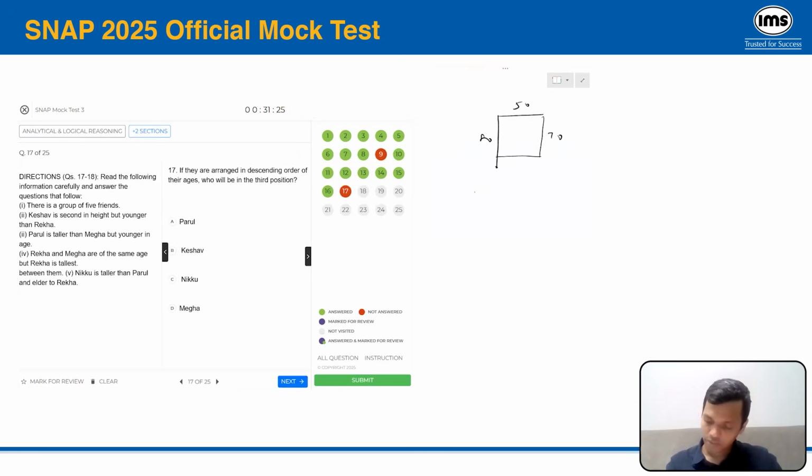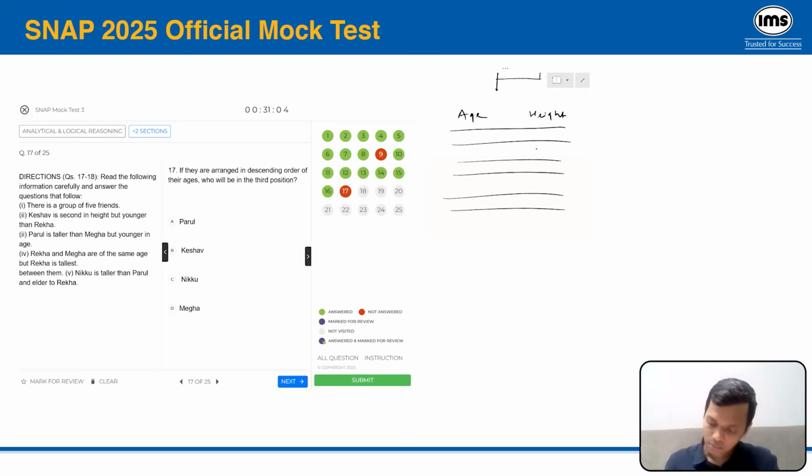Okay. An arrangement of a group of 5 friends. How many questions are there? 2. So let's order them in terms of their age and their height. Keshav is second in height. I'm assuming tall, but younger than Rekha.